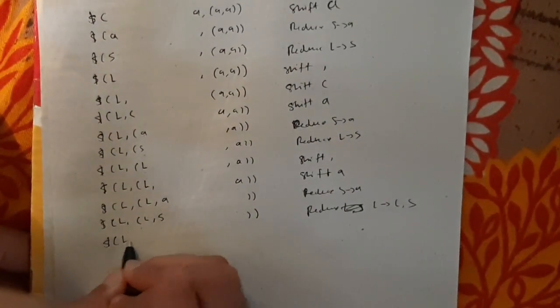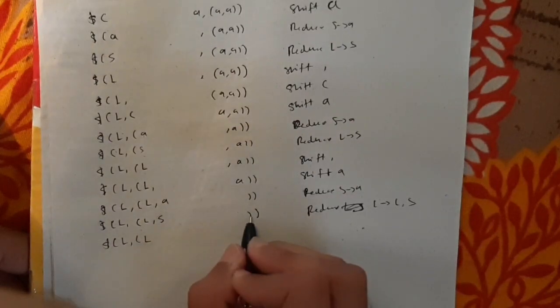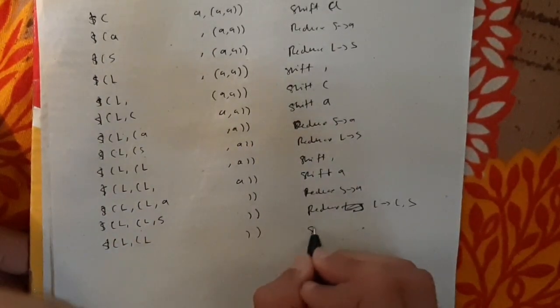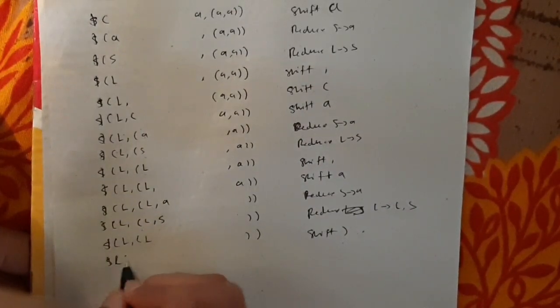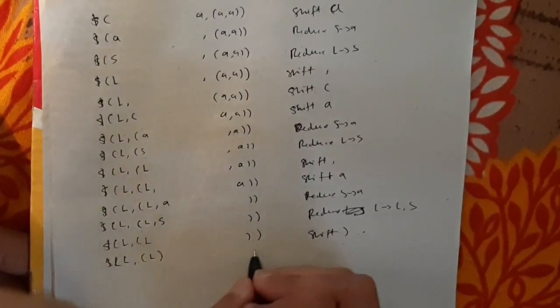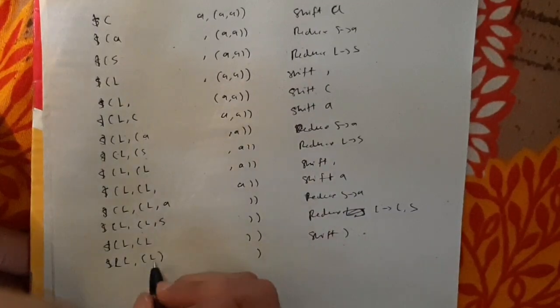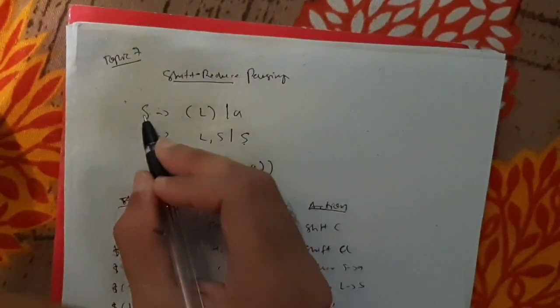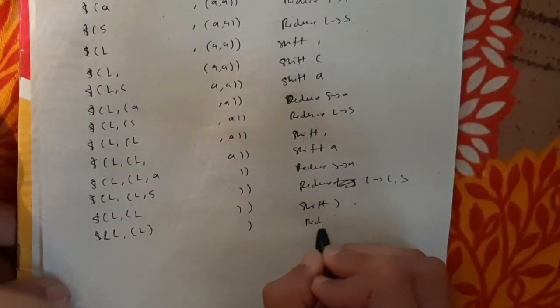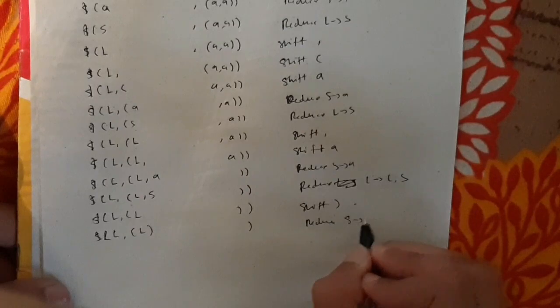So l comma l, then after this I can shift a closing bracket, so here I have l comma l and closing bracket, just one bracket is present here, and here I have this one. Now this can be reduced, right? This can be reduced to s, and then further s can be reduced to l, that's what I'm going to do, reduce s goes to l.